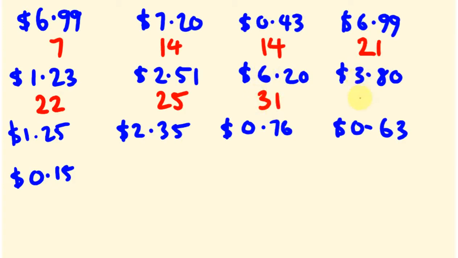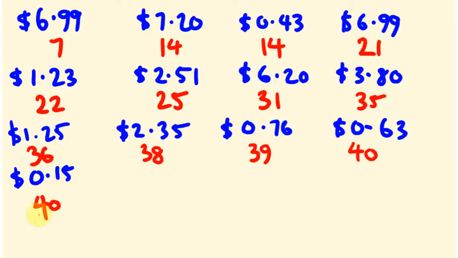This one's closer to $4, $35. This one's closer to $1, $36. This one's closer to $2, $38. This one's closer to $1, so $39. This one's again closer to $1, so $40. And this one's closer to no dollars at all, so we keep it as $40. We add nothing to our total.